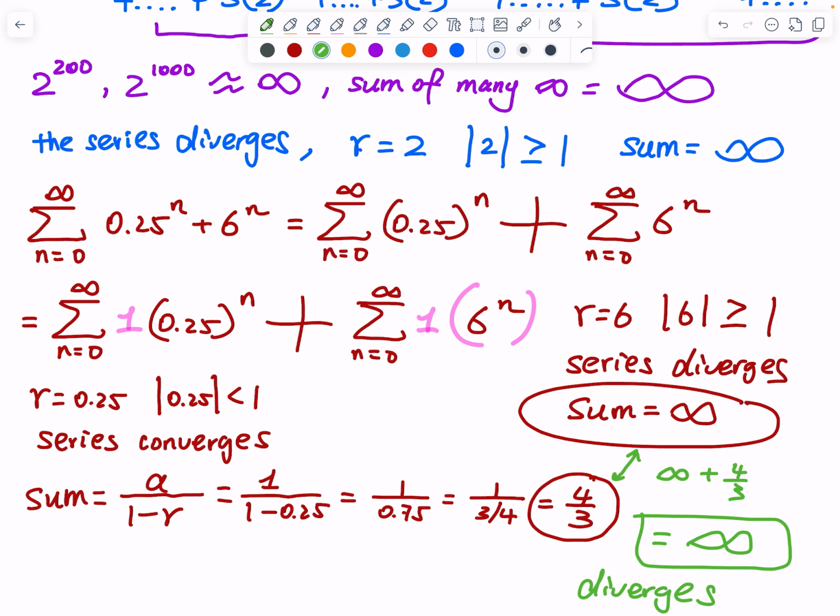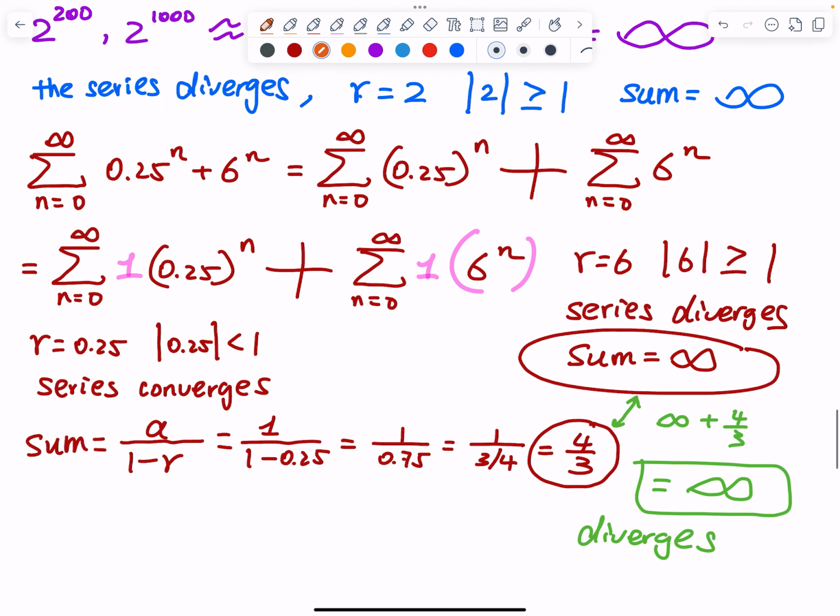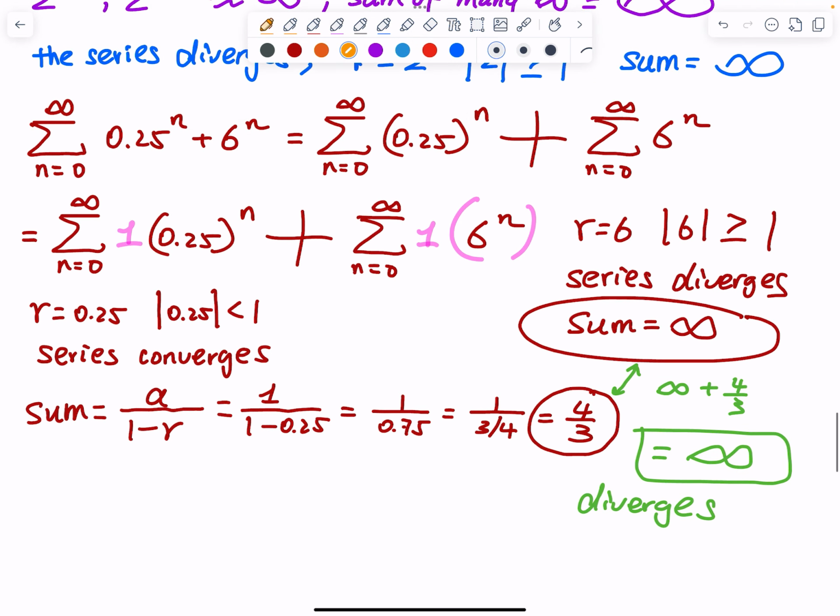Some people have asked me before, hey, you have a greater than or equal to 1. Can we try the 1 really quick? Yeah, you can try the 1 really quick. So let's say we have a summation, n goes from 0 to infinity, of 2 times 1 raised to the n power.